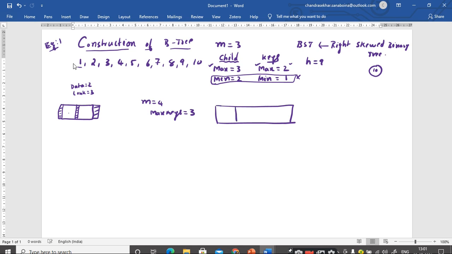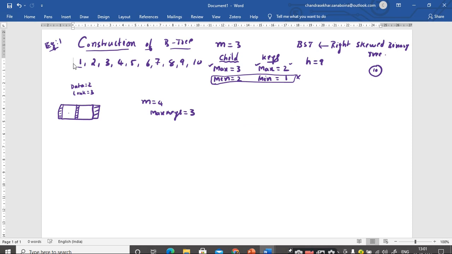Keys mean nothing but data parts. How many link parts should it have? 4, sir. This is one link part, another, another, and the last one. So 4 links it should have. This is how we represent nodes in the B tree.